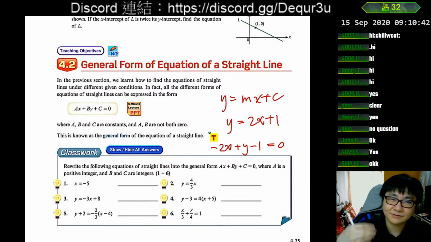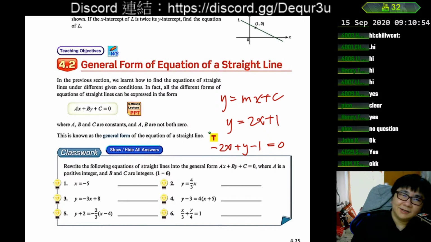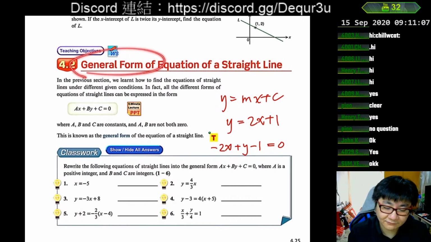For example, if we want to solve for something, an equation in general form is usually easier to solve. If you have a program, you can type it in directly, or if there are other equations we want to solve together, we can work more easily with the general form. That's why we introduce the general form of the straight line equation.